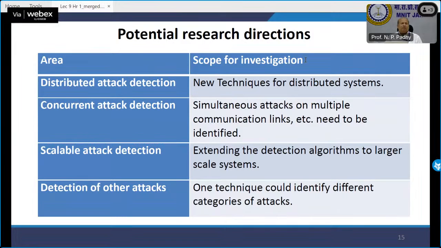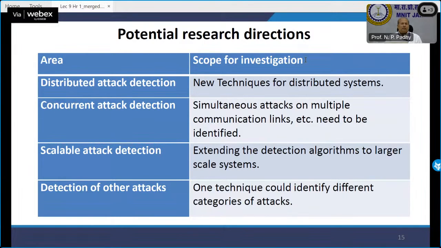I request all of you to visit the Grid Controller of India Limited office and see how smartly they have managed. That will give you an idea of how challenging it is to manage a transmission system as well as a complete power system.